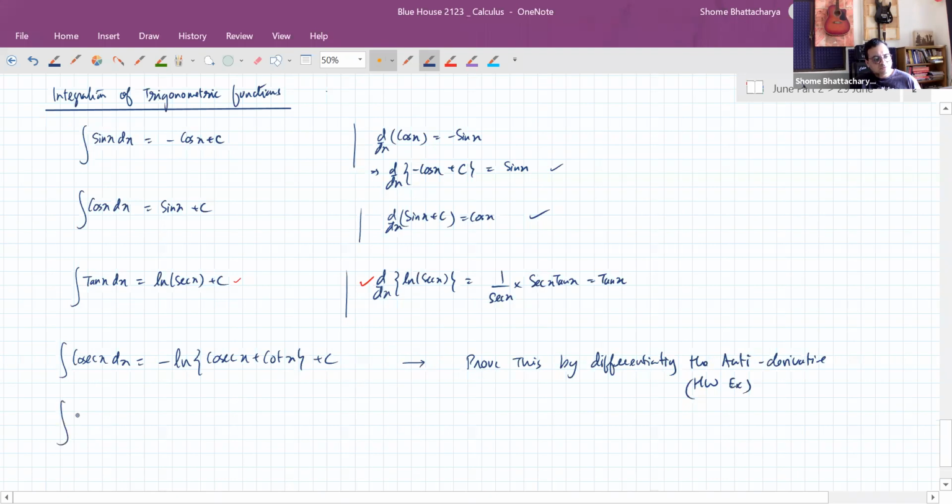Similarly, integration of sec x is ln of sec x plus tan x. You can do that proof also. And integration of cot x is minus ln cosec x.